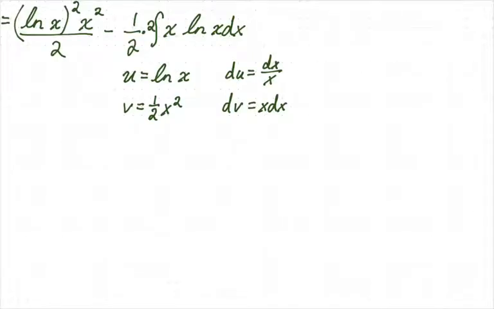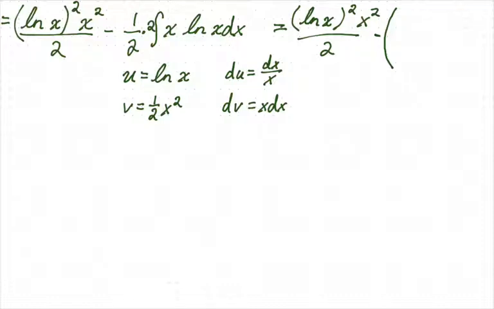So this guy is going to equal that ln of x squared over 2. That's not going anywhere. The 1/2 and the 2 will cancel. Big parentheses, and now my new u times v.